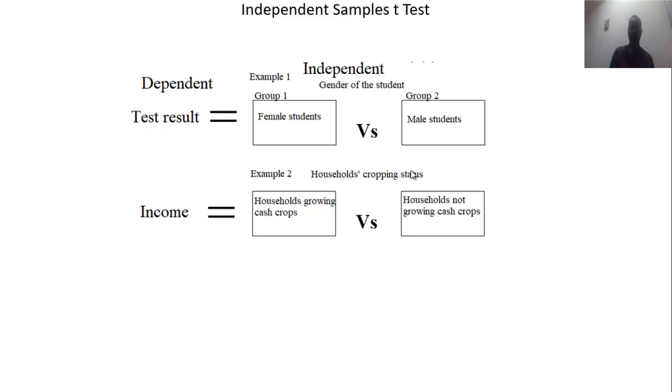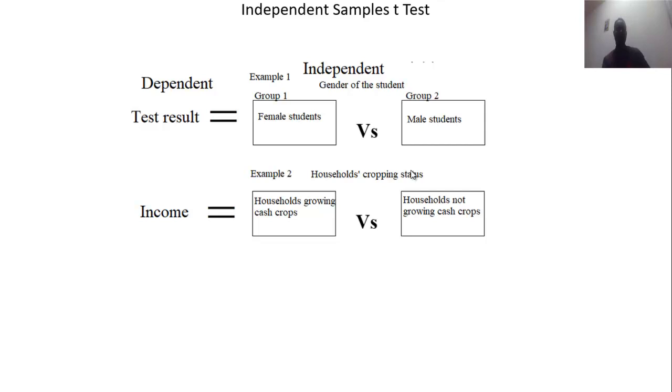Here, the exam test result is the dependent variable, and the gender of the student is the independent variable. Therefore, gender is the grouping variable. In running an independent sample t-test, our interest is to find out whether there is a statistically significant difference in the mean values of the two groups.